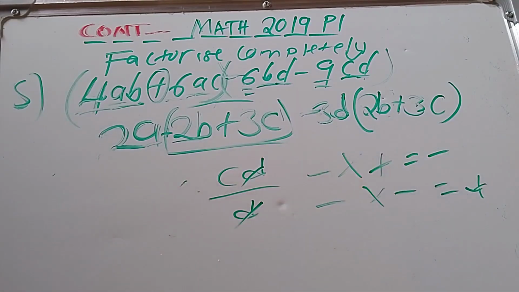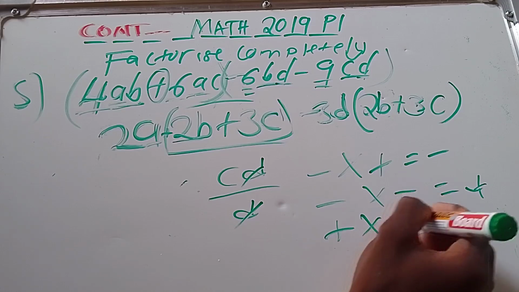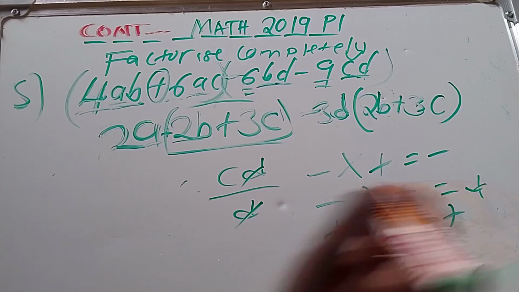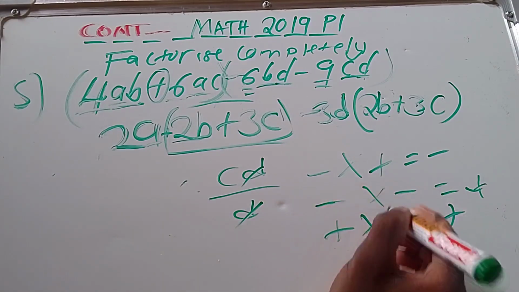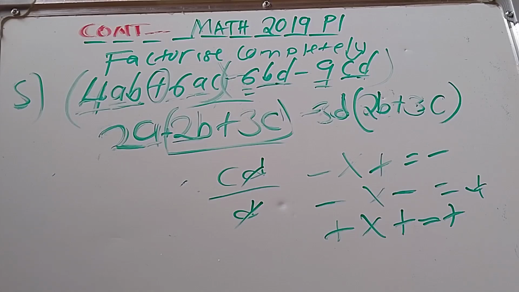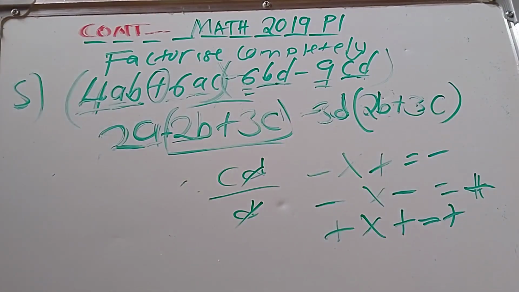You need to know and understand these concepts. Negative times positive, the answer is negative. Negative times negative, the answer is positive. Positive times positive, the answer is positive. So when you multiply negative times negative, it produces a different sign, a positive sign.